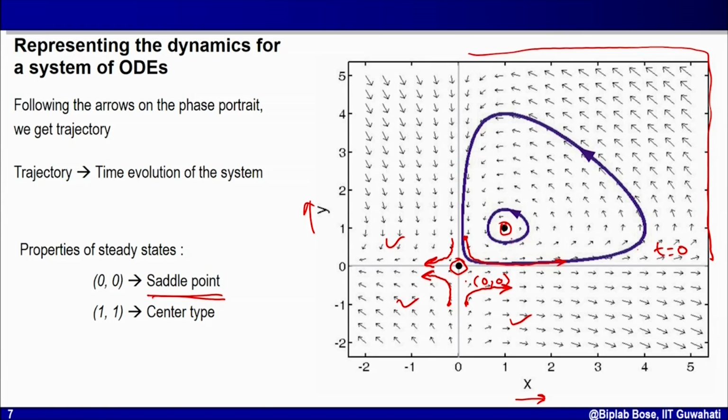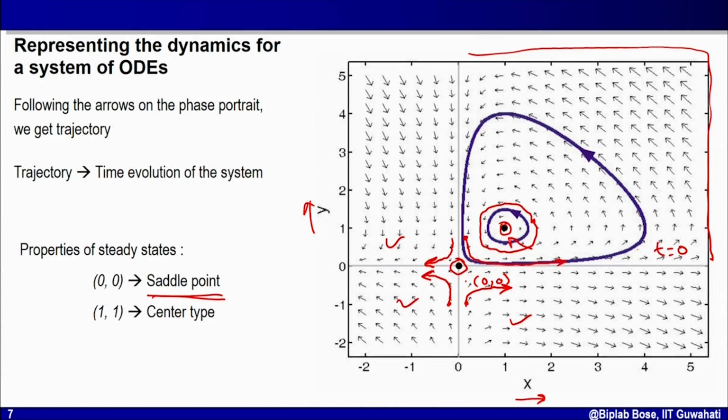Let us look into the other steady state, this one. Here, if I start somewhere close to this steady state, I will follow a closed loop. I will never reach the steady state, nor will I move away from the steady state. Essentially, I am moving in a closed loop, giving rise to oscillation for x and y.